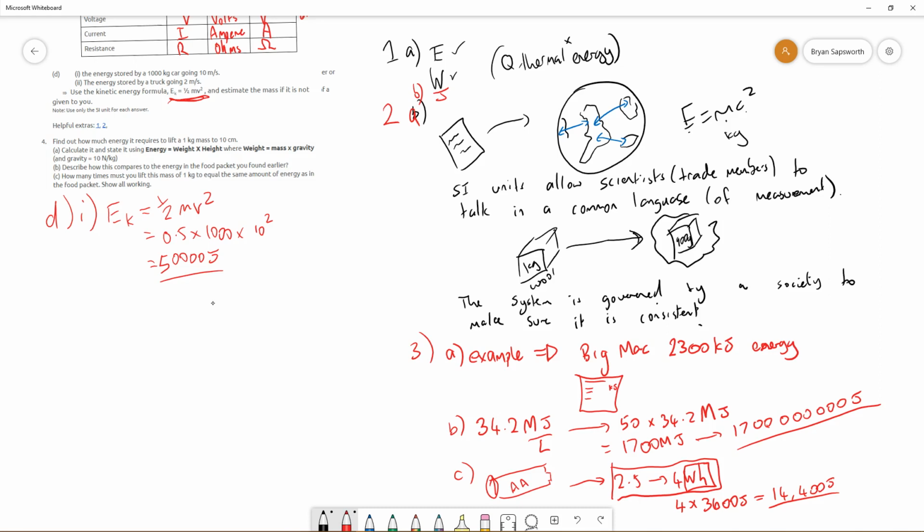Okay, so the next one, II. The kinetic energy of a truck going 2 meters per second. So a truck, let's say a truck mass might be around about 3 tons. So let's say 3,000 kilograms. So then we put it in, EK equals half mv squared.